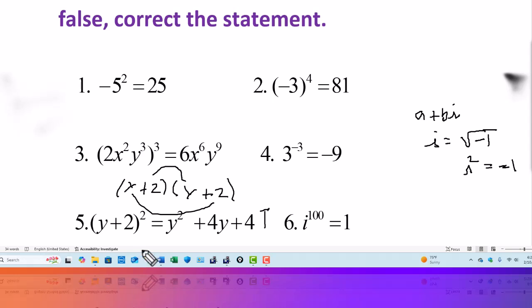So if you rewrite i to the 100th power as i squared to the 50th, power to a power, multiply the exponents, that's the same thing as this, but the i squared is a -1. Anytime you take a negative number to an even power, which is the case here, it comes out positive. So a -1 to an even power is always going to be 1.